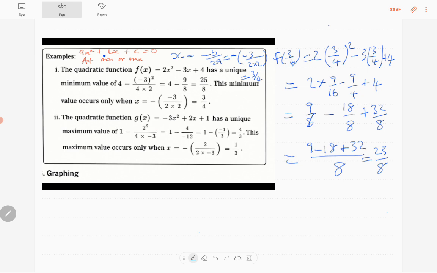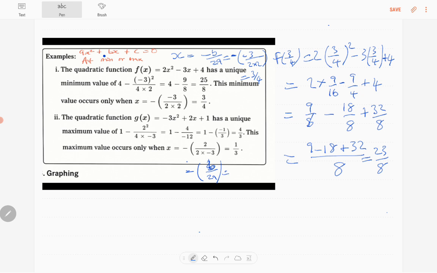In doing the second one, how did we get 1 over 3? This 1 over 3 is minus b over 2a. Here b is 2, and a is minus 3.